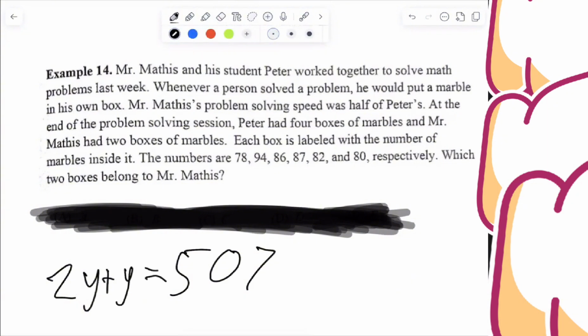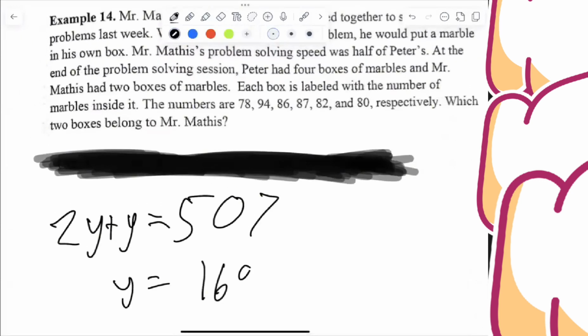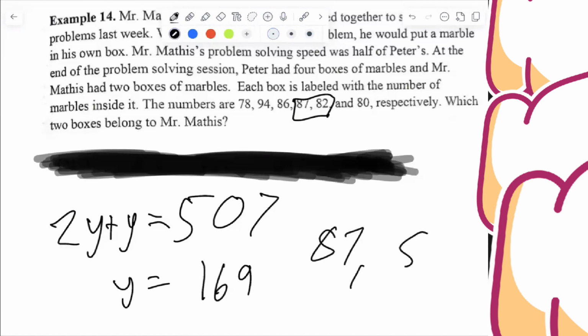Calculating this gives you Mr. Mathis, or y, has 169. But anyways, an odd number, so it has to be one odd, one even. By investigation, we can see 87 plus 82 gives you 169. So the numbers are 87 and 82.